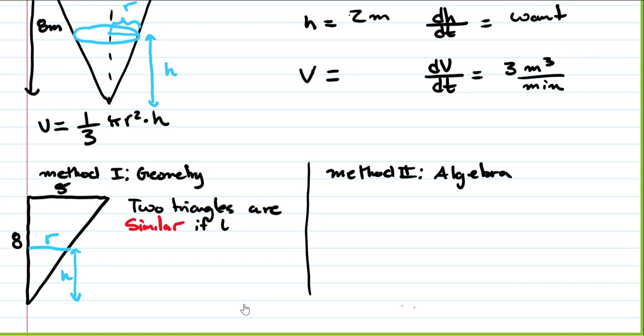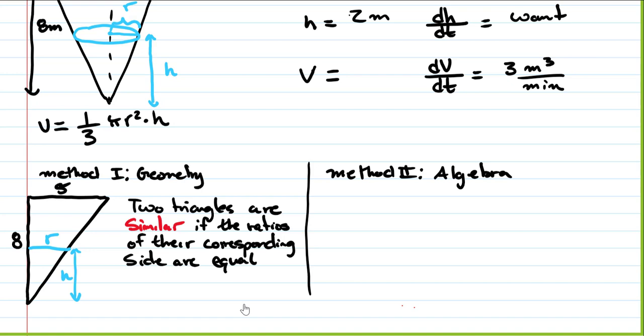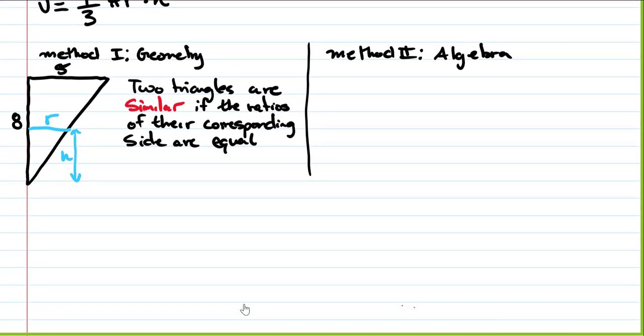So two triangles are similar if the ratios of their corresponding sides are equal.